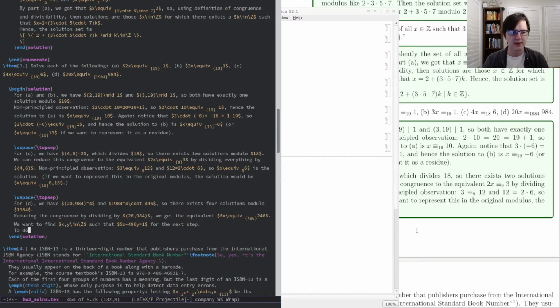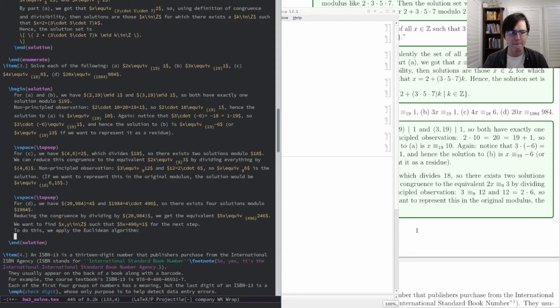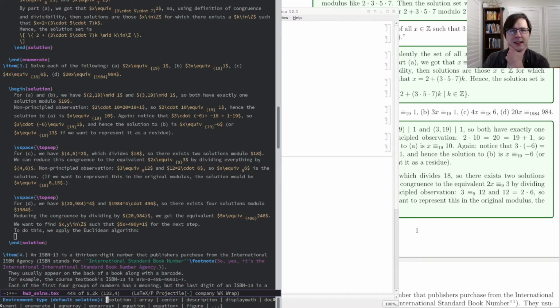To do this, we apply the Euclidean algorithm. I thought it looked really gross how it turned out last time. I was thinking we can make a table. Let's try that. That'll be fun.